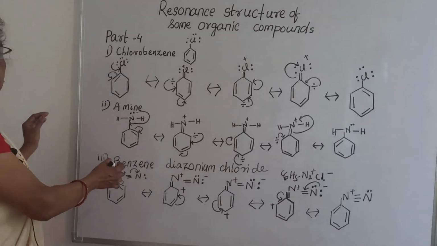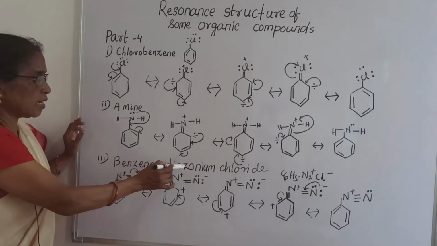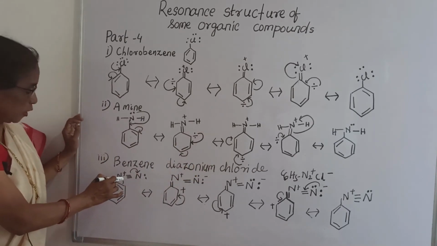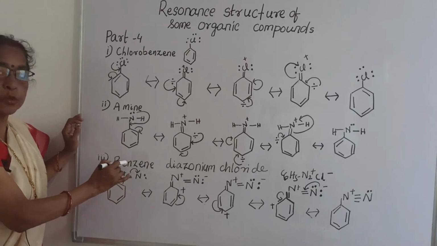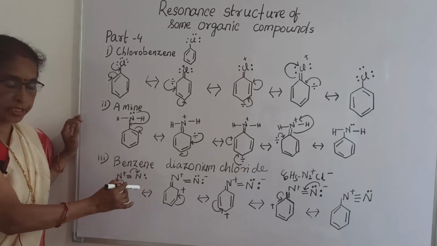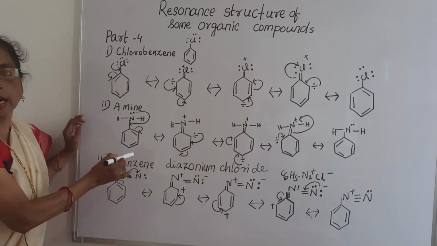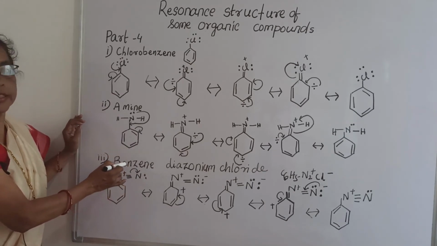So I told you, in benzene diazonium chloride, the benzene diazonium ion contains a positive charge, and two nitrogen atoms are present, one containing a lone pair of electrons, and three bonds are there, that is a triple bond.